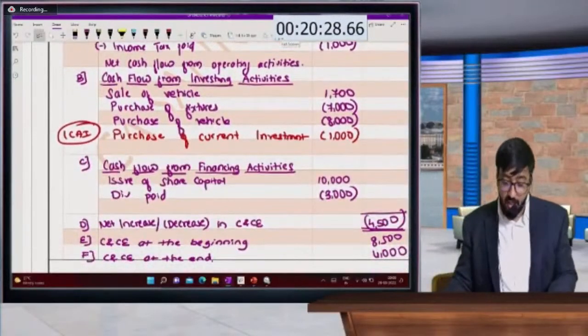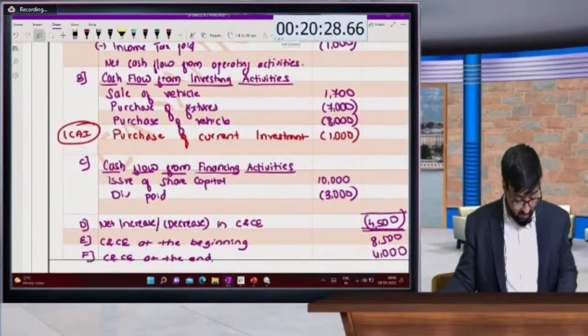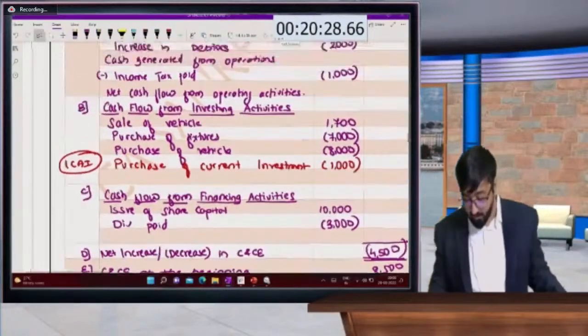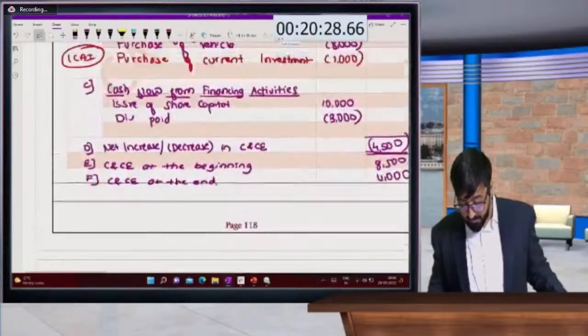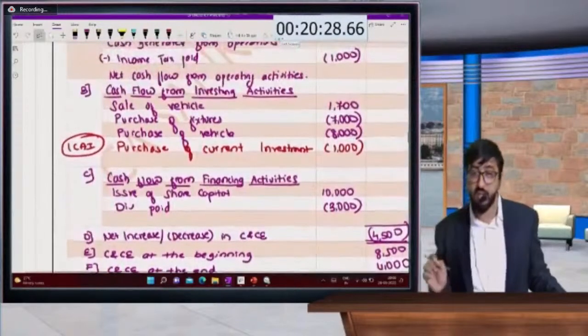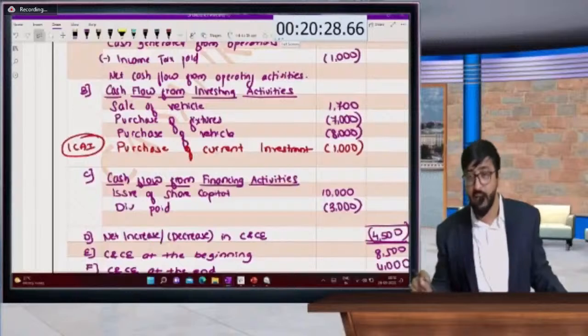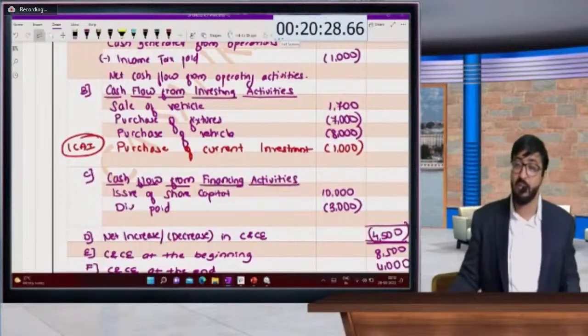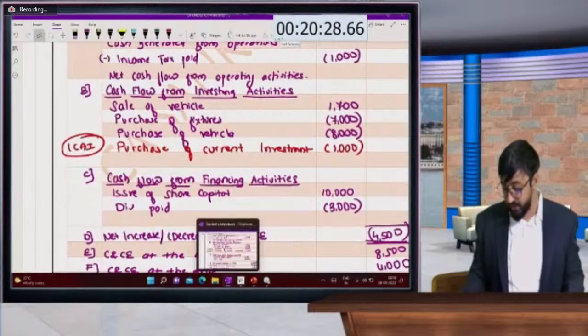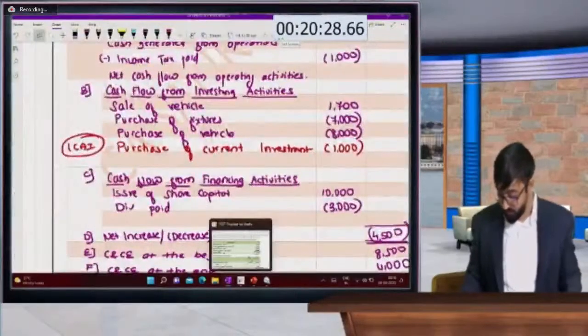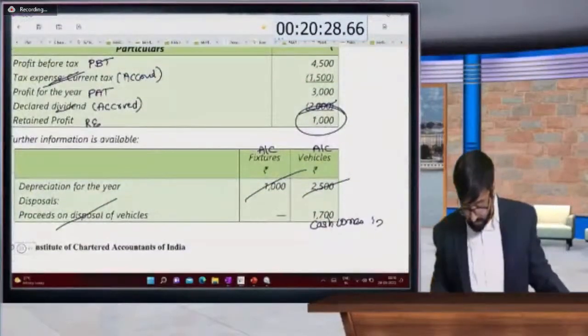So remember this way. So cancellation मैंने जानबूझ के किया ताकि आपको बाद में भी याद आए. Current investment is not a part of working capital, it's a part of investing activity. तो cancellation से याद रह जाएगा आपको. Everything is over.